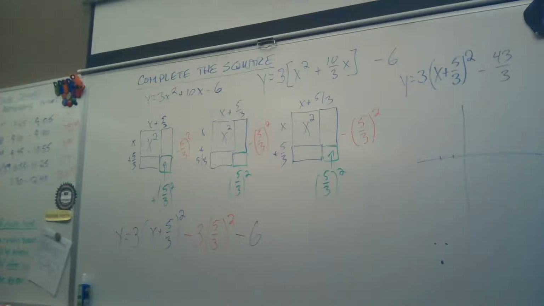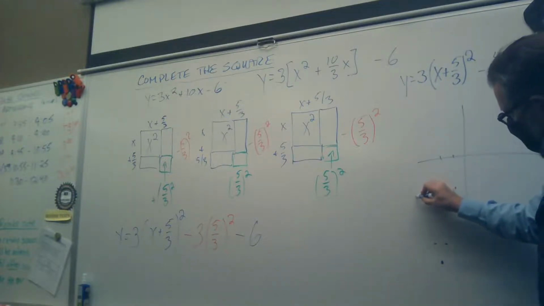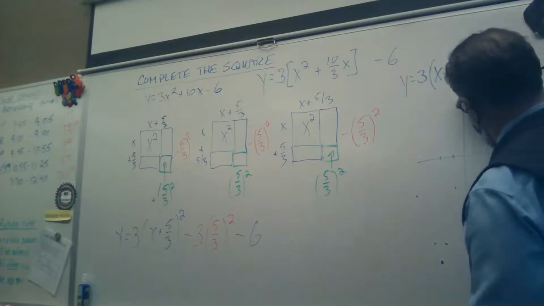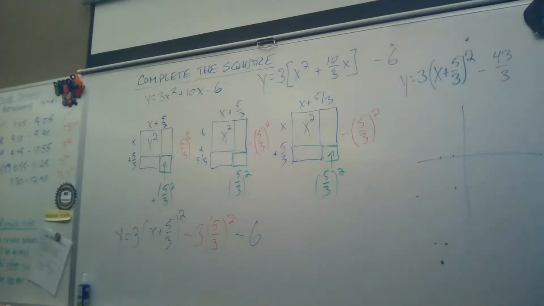Times 3. 12. And instead of going up 9, I go up how much? 27. At which point now I'm up here somewhere. Because I'm just multiplying instead of 1, 4, 9, it's 3, 12, 27. Because I'm multiplying everything by 3.